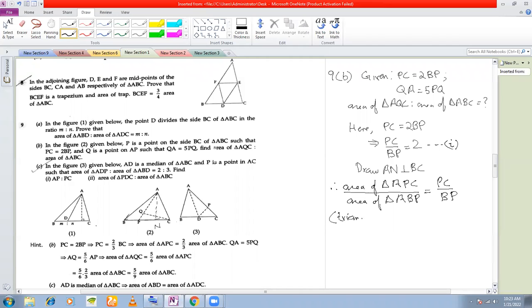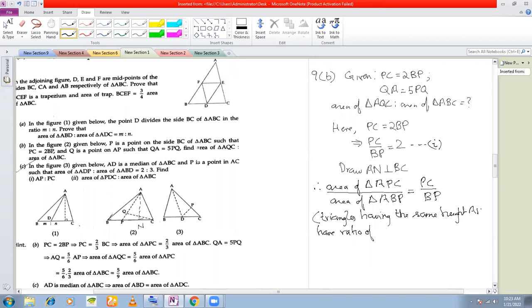Triangles having the same height or altitude, let's call this AN, have the ratio of their areas equal to the ratio of their bases.